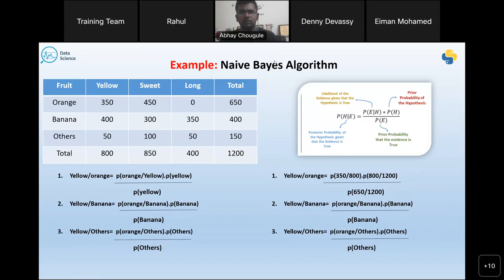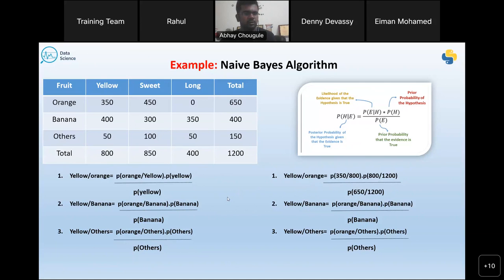Actually, whenever we understand a formula, it looks easiest. Yeah, we can pass it into the formula. Can you calculate this one? 350 divided by 800, 800 divided by 1200, and then 650 divided by 1200.